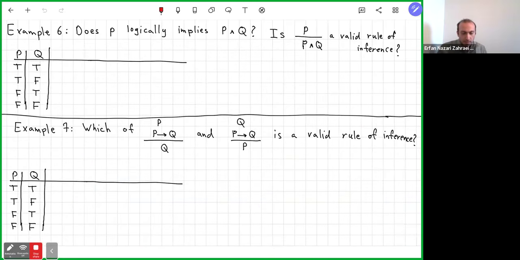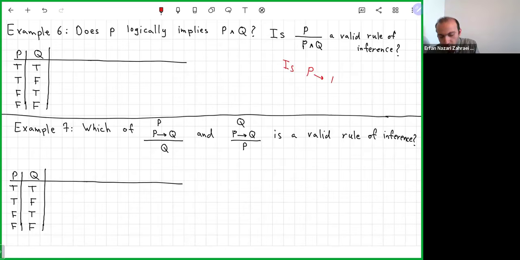Okay, let's do some other examples. Now the same question as before, but for AND. Is it true or not? In other words, is P implies P and Q a tautology? So let's do the same thing.